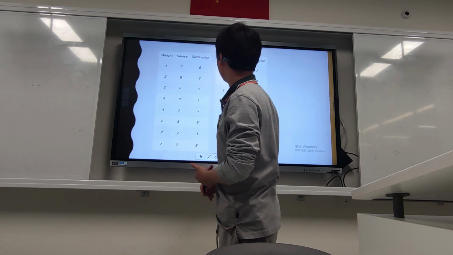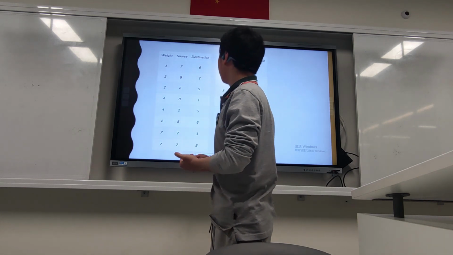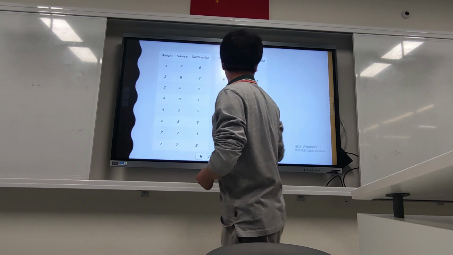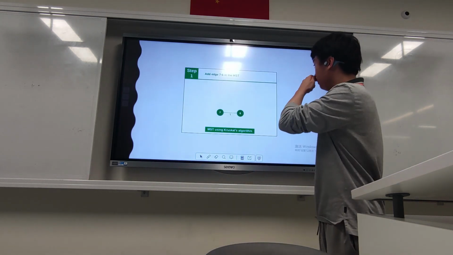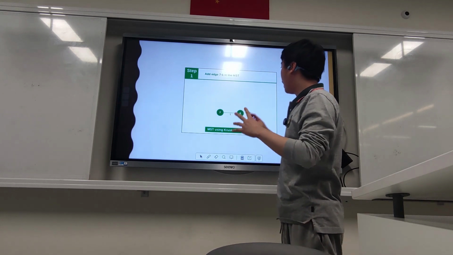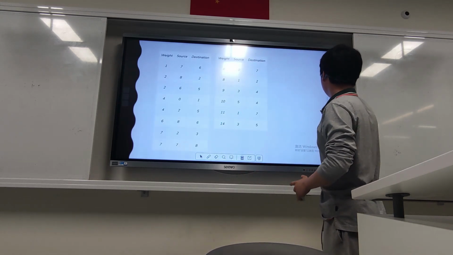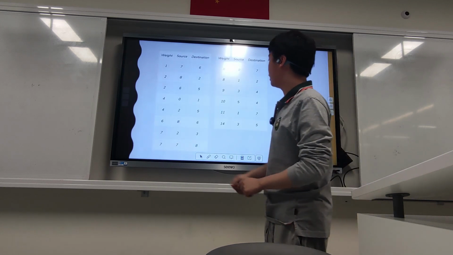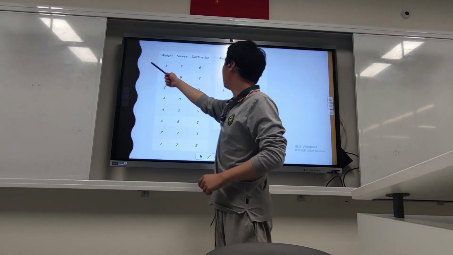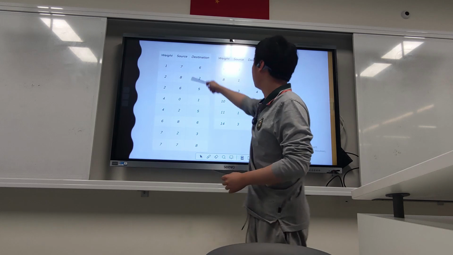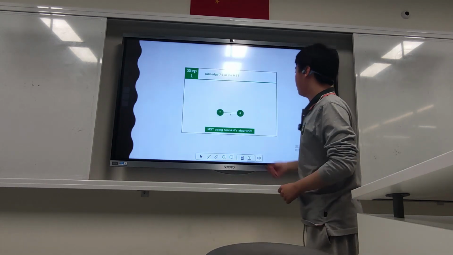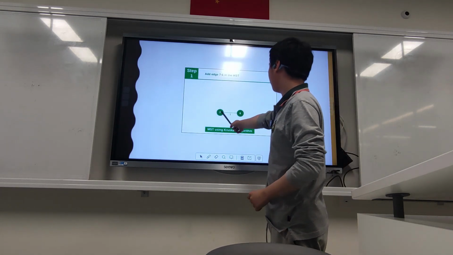They are sorted according to weight in ascending order. We will just add the edges to the list here accordingly. You can see the smallest edge has weight 1, that is from 7 to 6. So we will just add these two vertices and this edge.